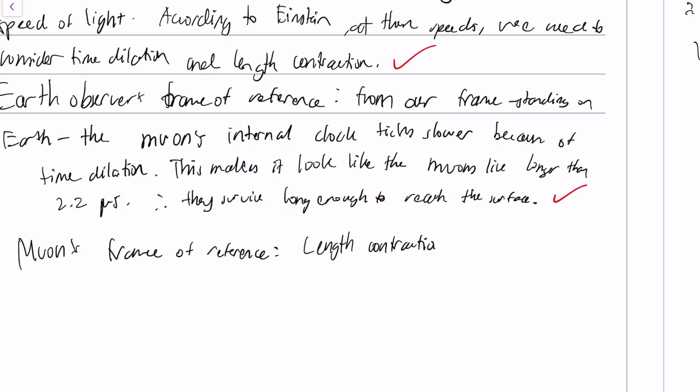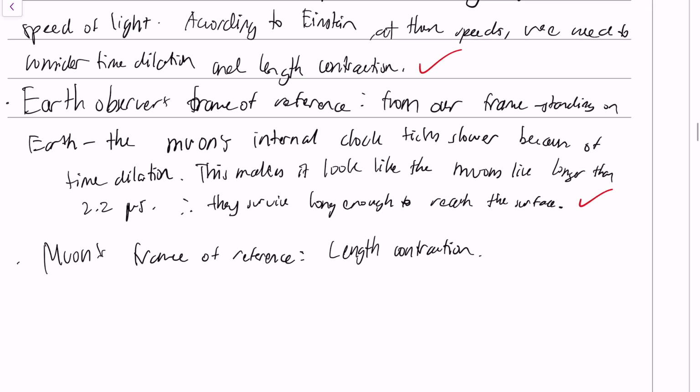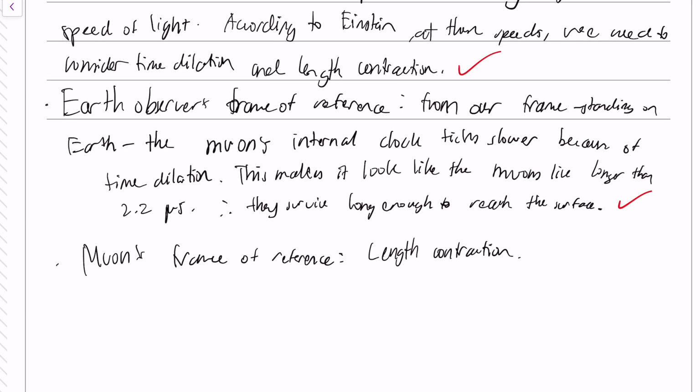Okay, and it makes sense, right? If their half-life and survival time is increasing for Earth, then that means on the muons' frame of reference there is a shortening of length, and that overall helps to allow the muons to reach Earth's surface and not decay, right?